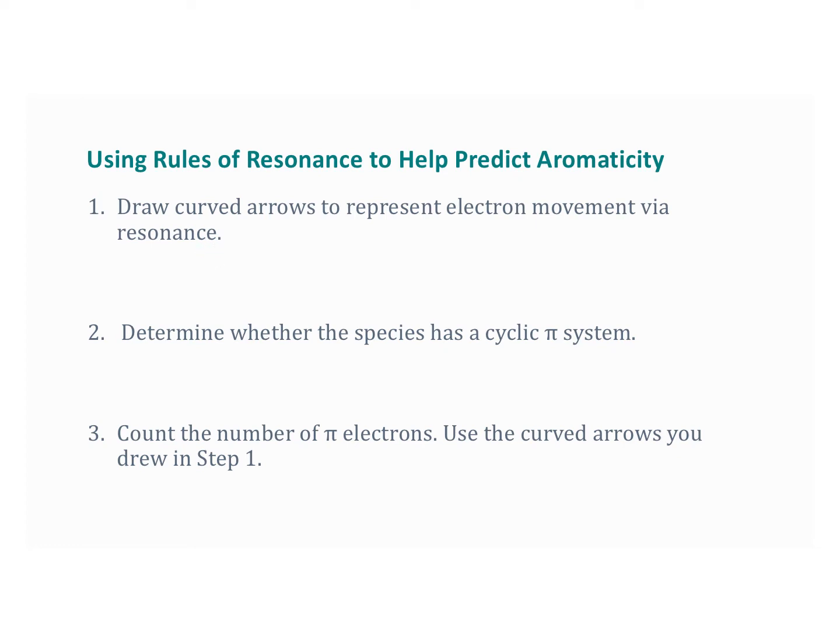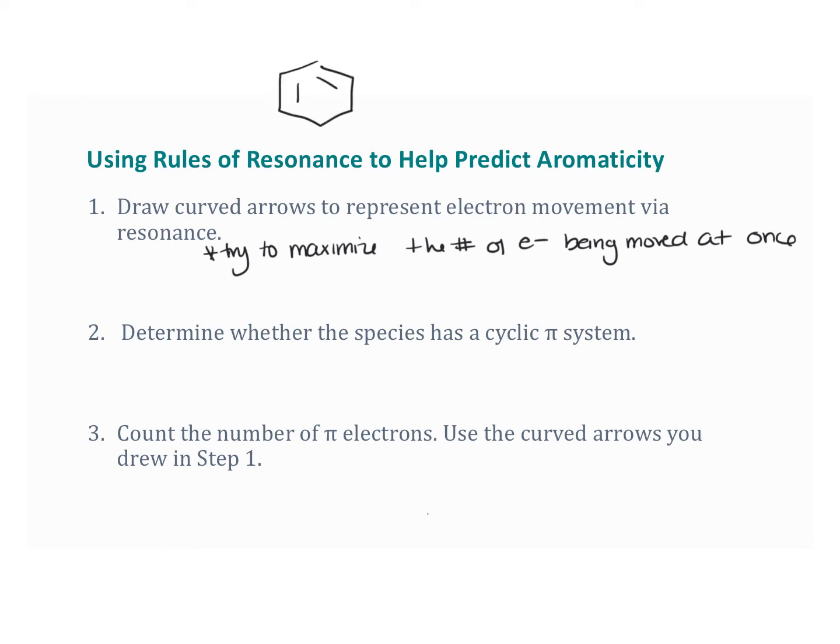When you do this, it's really helpful to maximize the number of electrons being moved at once, which is why, when we think about benzene, the structure can be moved around like that. We don't do it one at a time.